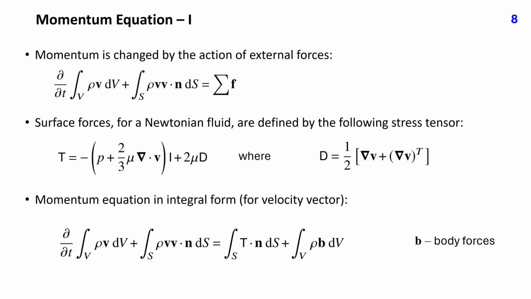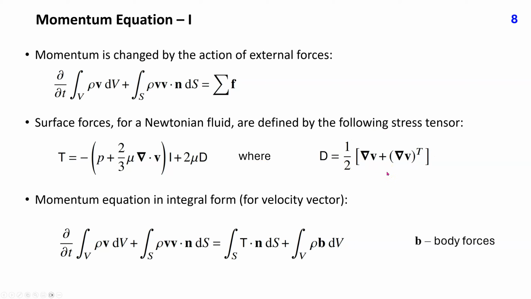For realistic fluids, shear and pressure forces are always present. They can be expressed by the stress tensor T, given here. P is the pressure, mu is the dynamic viscosity of the fluid, I is the unit tensor, and D is the rate of strain tensor, defined by the velocity gradient and its transpose.